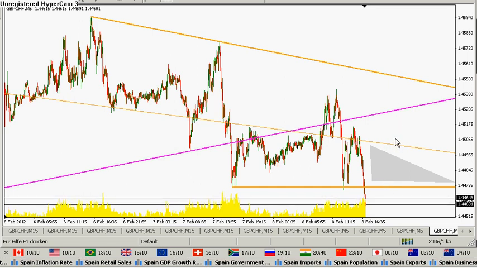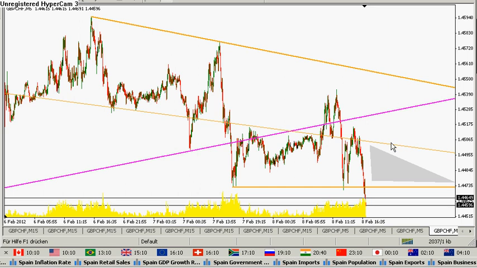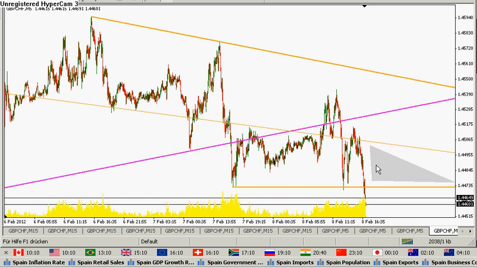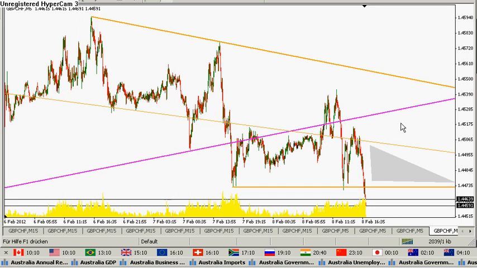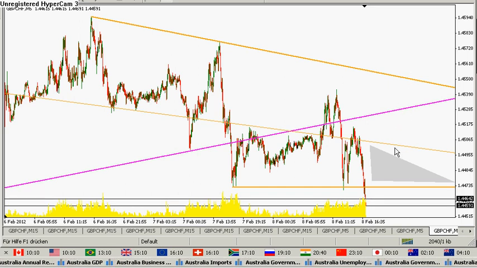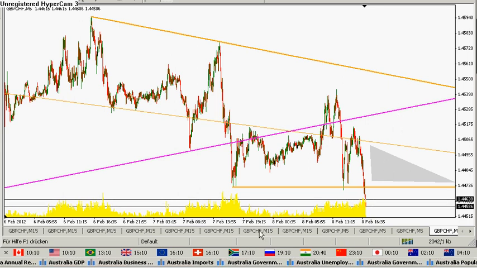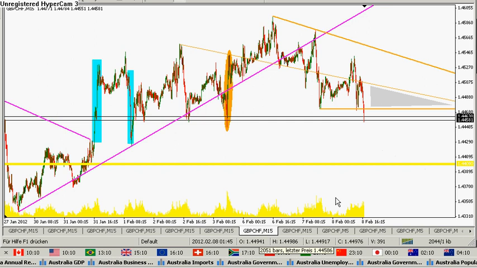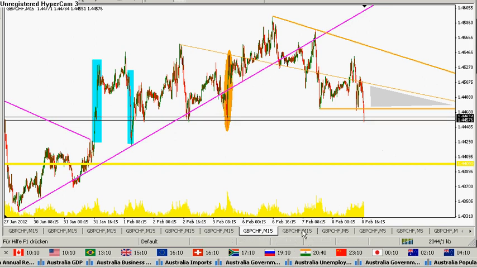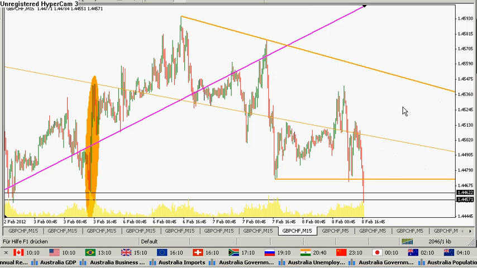break this line here at about 144.95, even 145 pound, and then perhaps come back into this upside trend, but not above. Perhaps we then have a resistance, how do you say in English, not here, here.